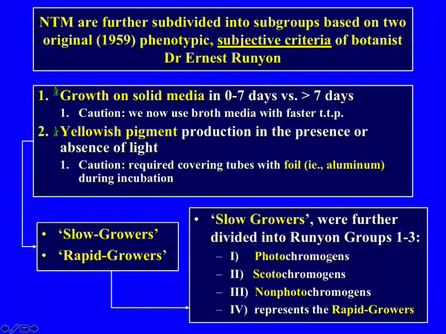Now let's talk about the non-tuberculous mycobacteria. They are further subdivided into subgroups. But the problem we have in 2019 is that we still use 2 old, original 1959 phenotypic subjective criteria given to us by Dr. Ernest Runyon, who was a botanist.